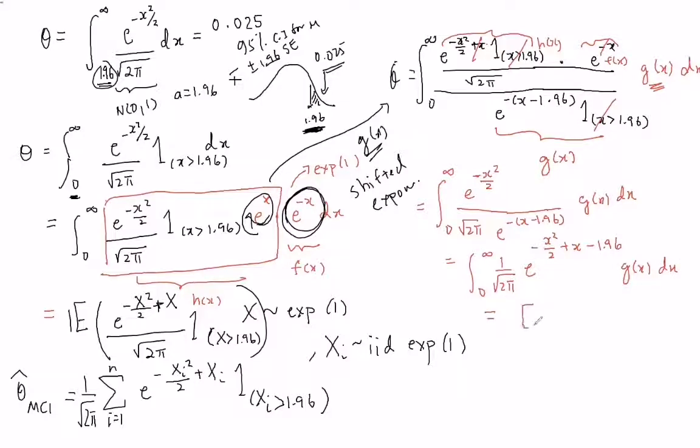So this will be the expected value of the following, 0.96, where the x is shifted exponential, okay? All right, okay.